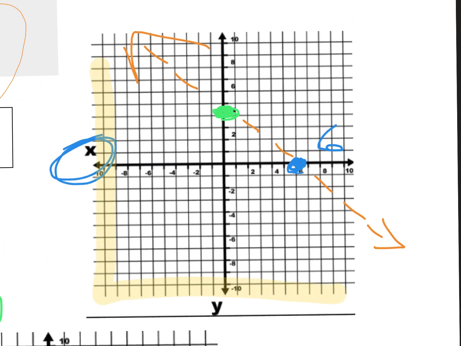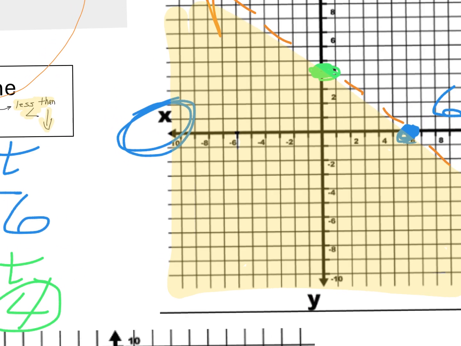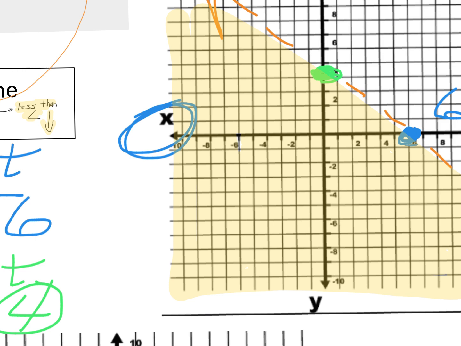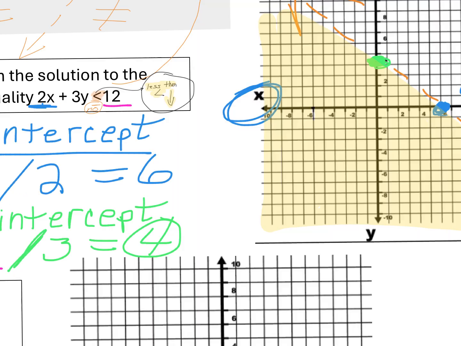So all of these coordinates underneath here are a solution. So we need to shade the entire side, this side of the graph. And again, the reason we had to do that was because this was a less than inequality.